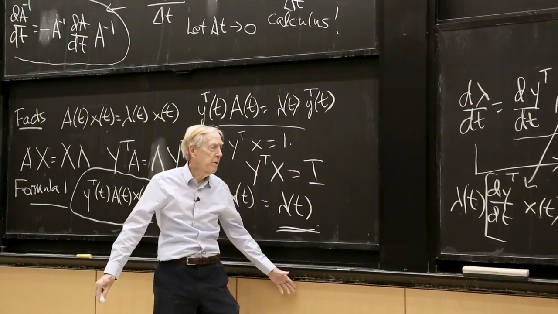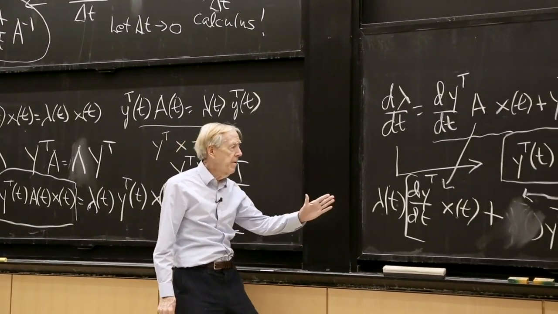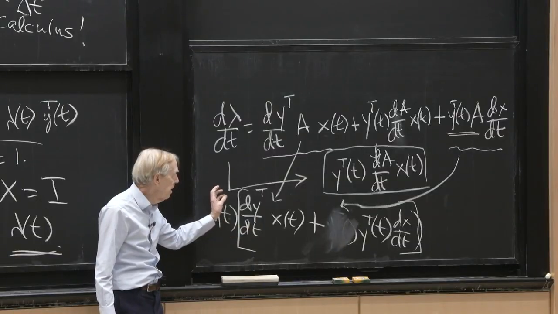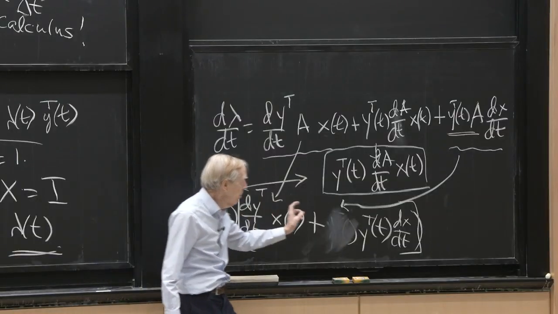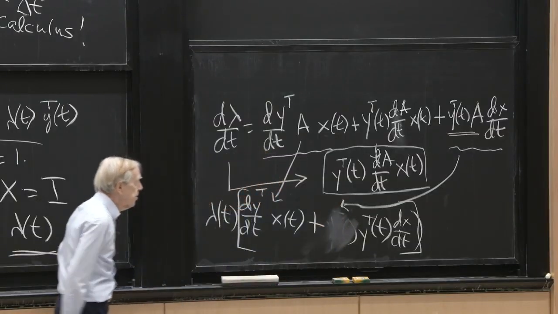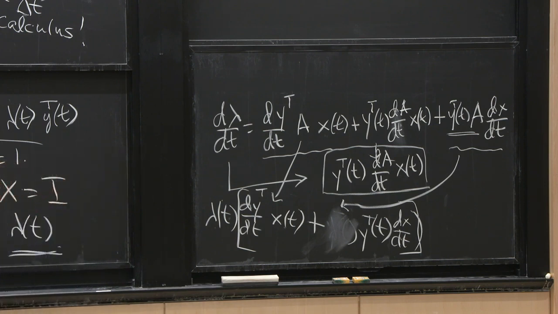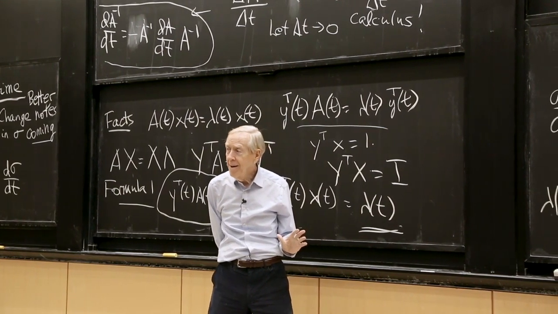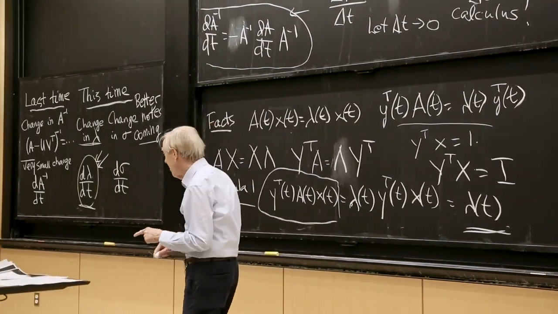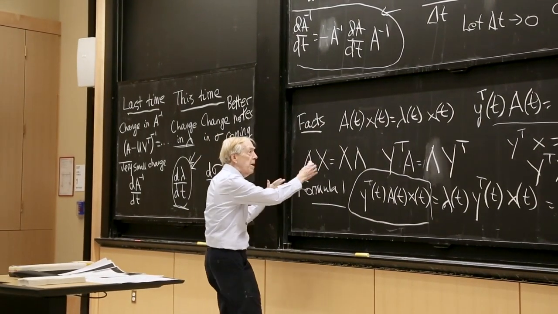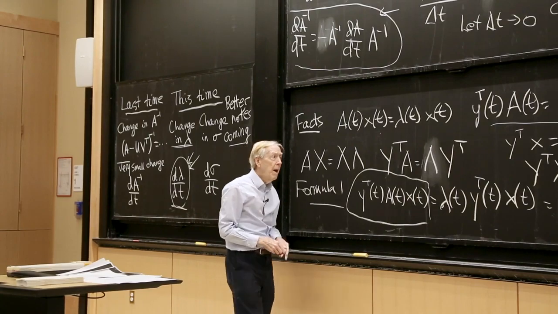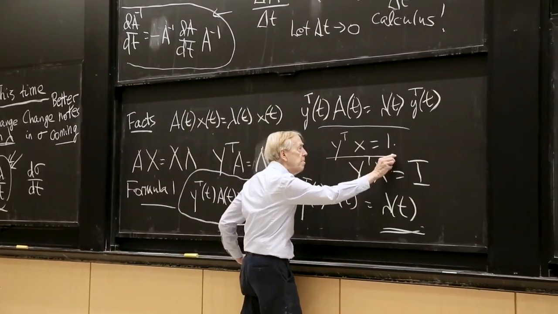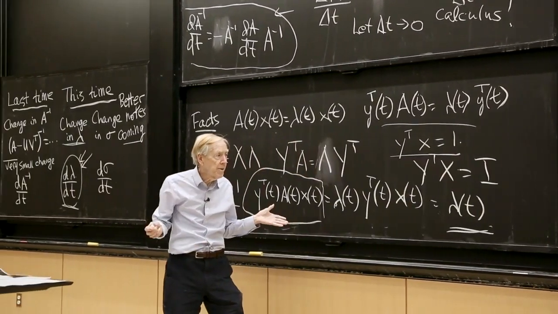So for some wonderful reason, I believe that this number, which is a row times a column, two terms there, I believe they knock each other out, and that result is 0. And why? Because I come back to this board, which has all that I know, and here's y transpose times x equals 1, and how does that help me?